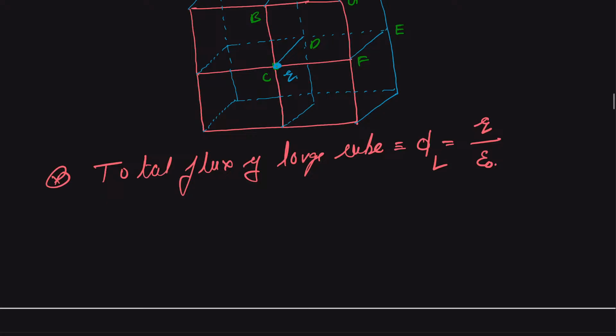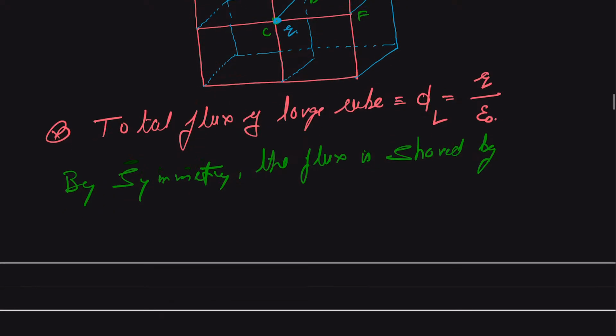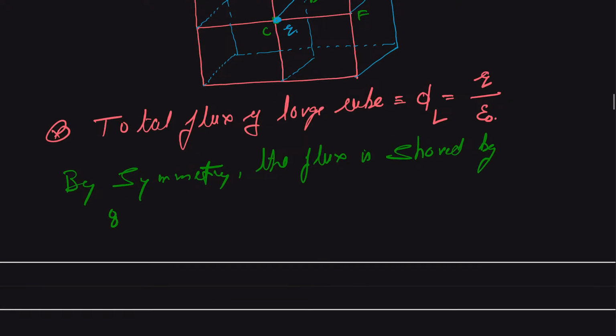And this large cube we know is subdivided into 8 small cubes. By symmetry the flux is shared by 8 small cubes.